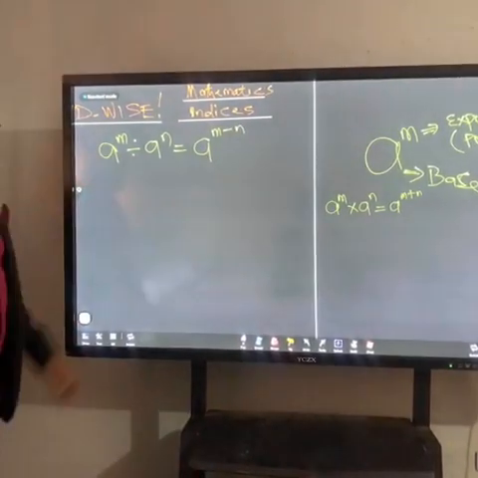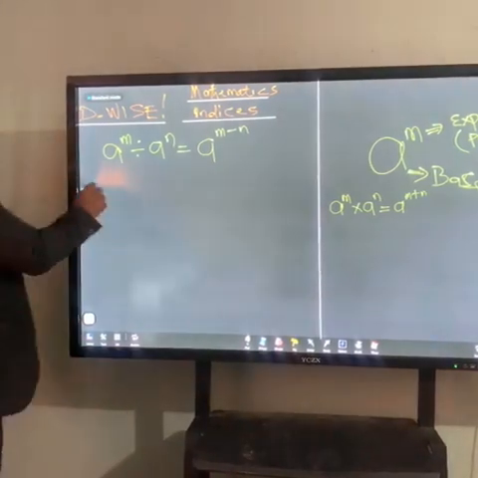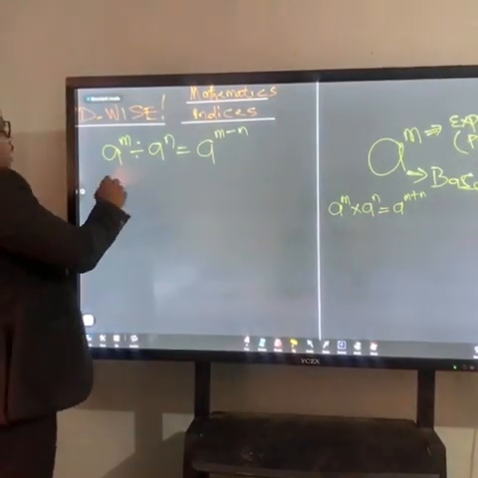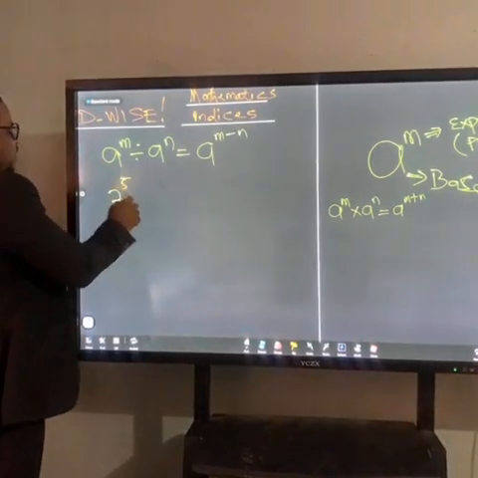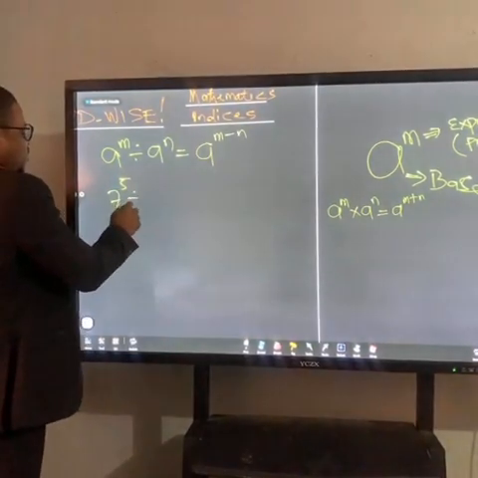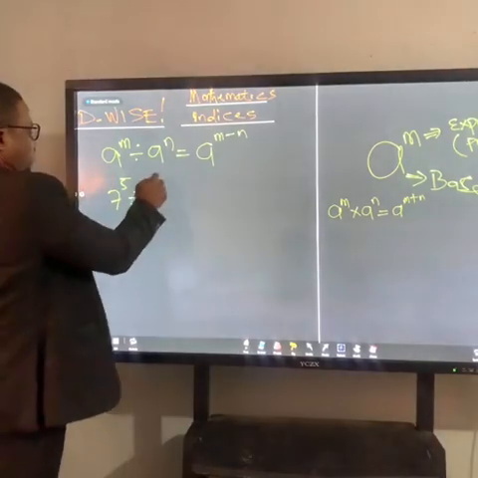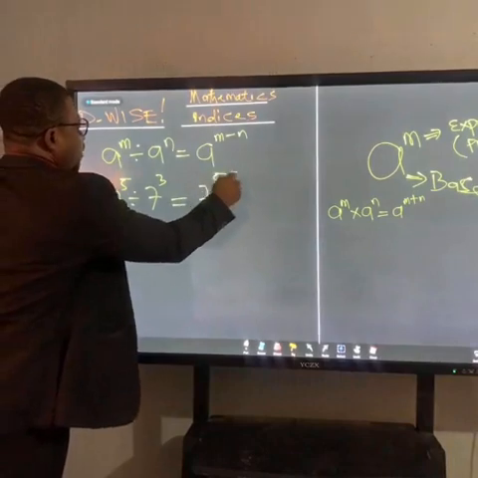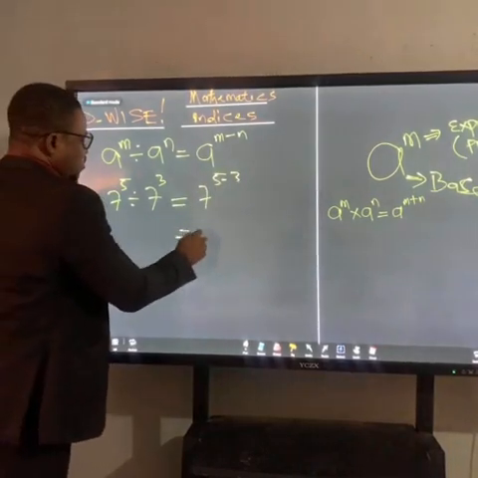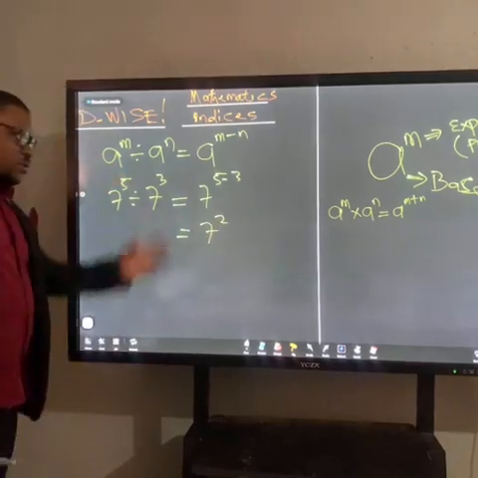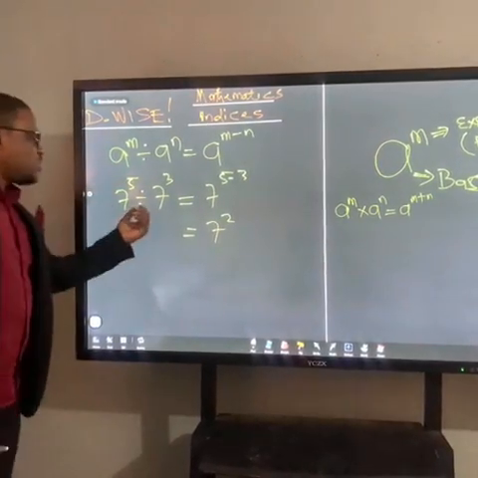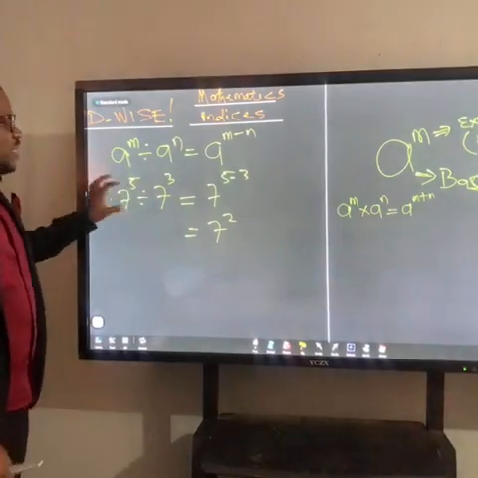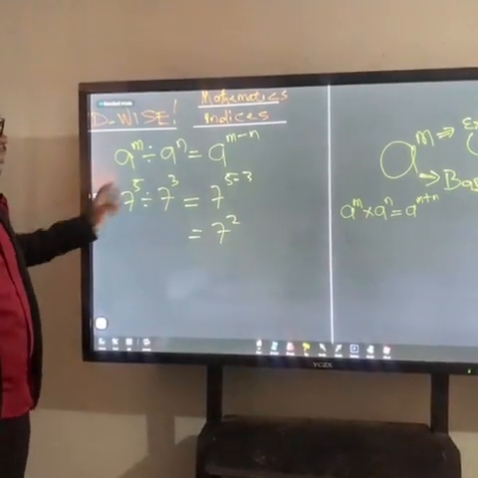Right? Let me give you an example. If I have 7 raised to the power of 5 divided by 7 raised to the power of 3, this becomes 7 to the fifth power minus 3, giving me 7 to the second power. That's what the law is saying. You have the same base and they are dividing, two values dividing each other.